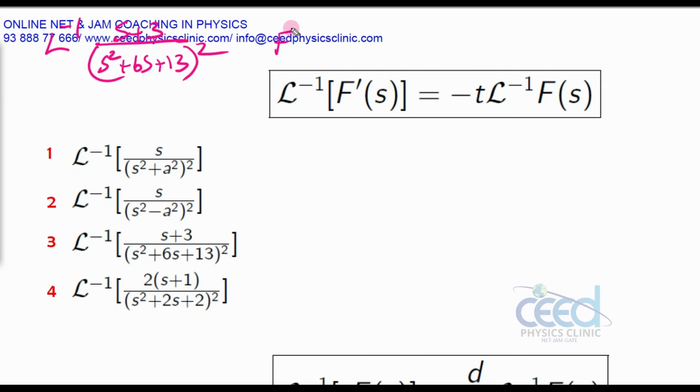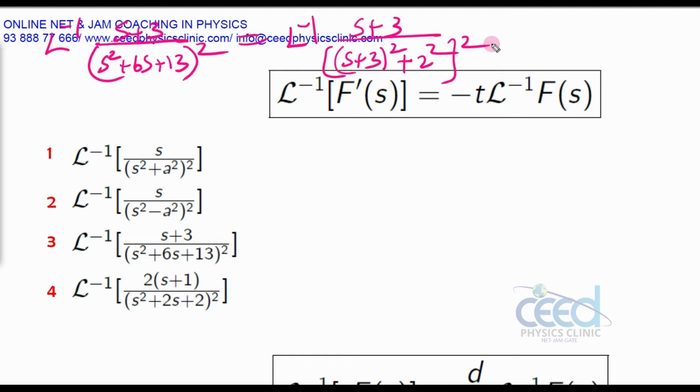Before doing this I can make it in the standard format. Can I write this as (s plus 3) divided by ((s plus 3) the whole square plus 2 square)? Obviously, s square plus 6s plus 9 plus 4 is 13. It's whole square, right? So that's the question.